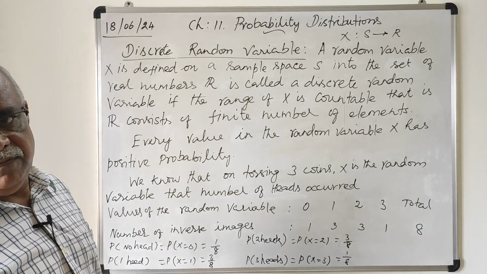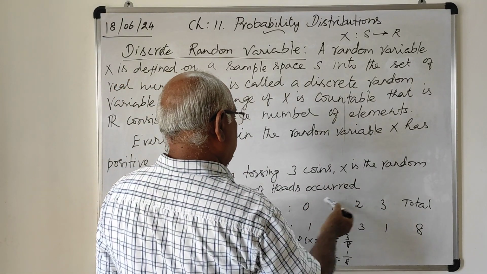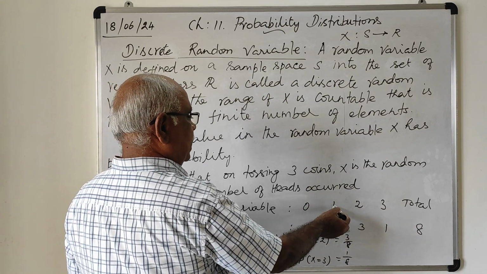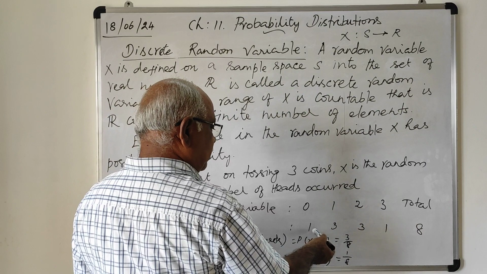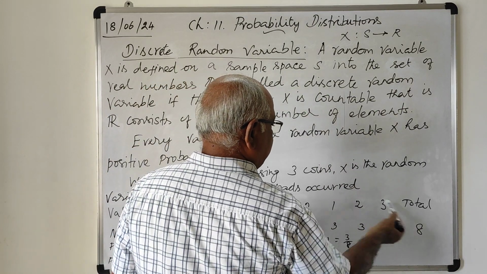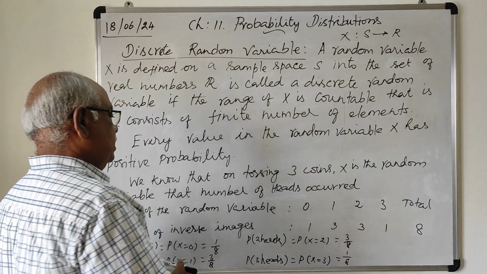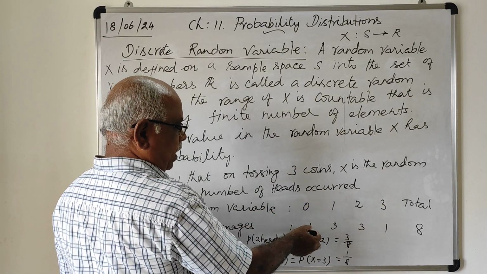That's one definition. Now we come to the probability of each real value. Each value of the random variable, no head, 1 head, 2 heads, 3 heads, is associated with the numbers 1, 3, 3, 1, total 8. No head is associated with the number 1.